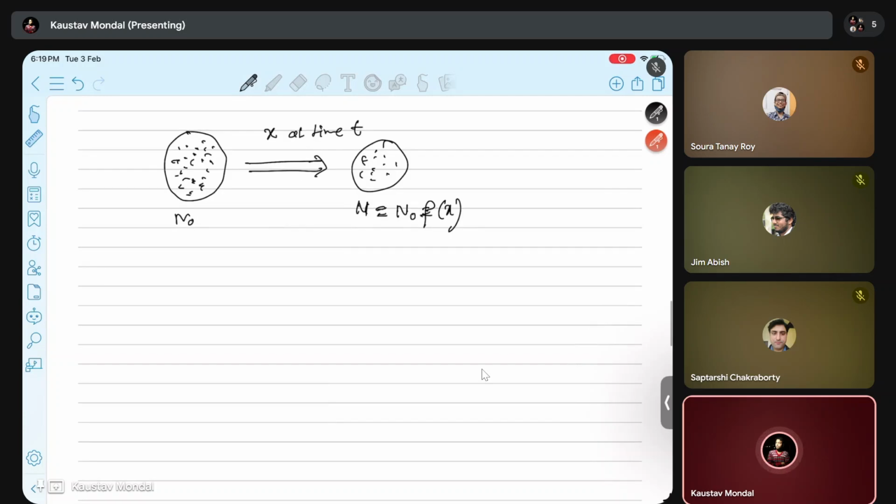So fx is the probability that a molecule travels x distance without suffering collision.